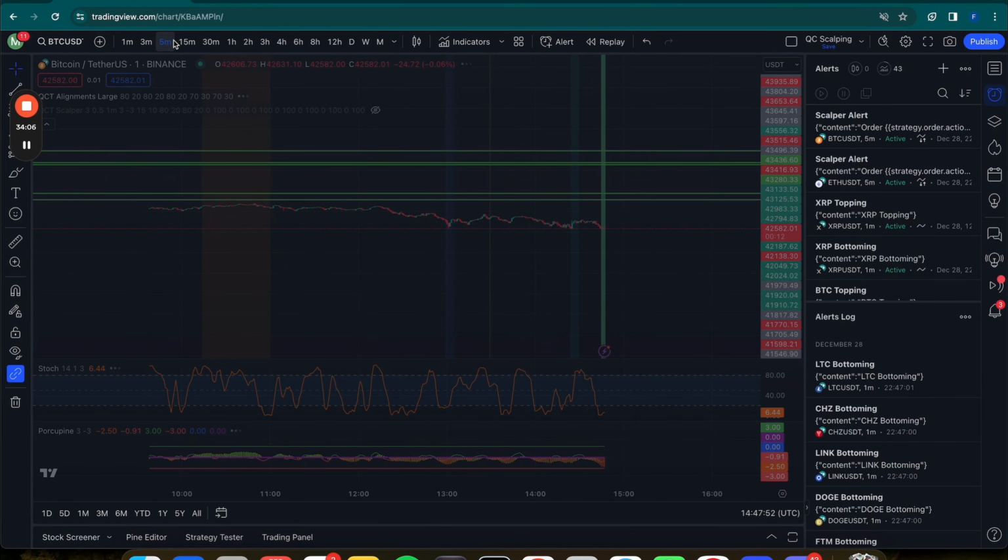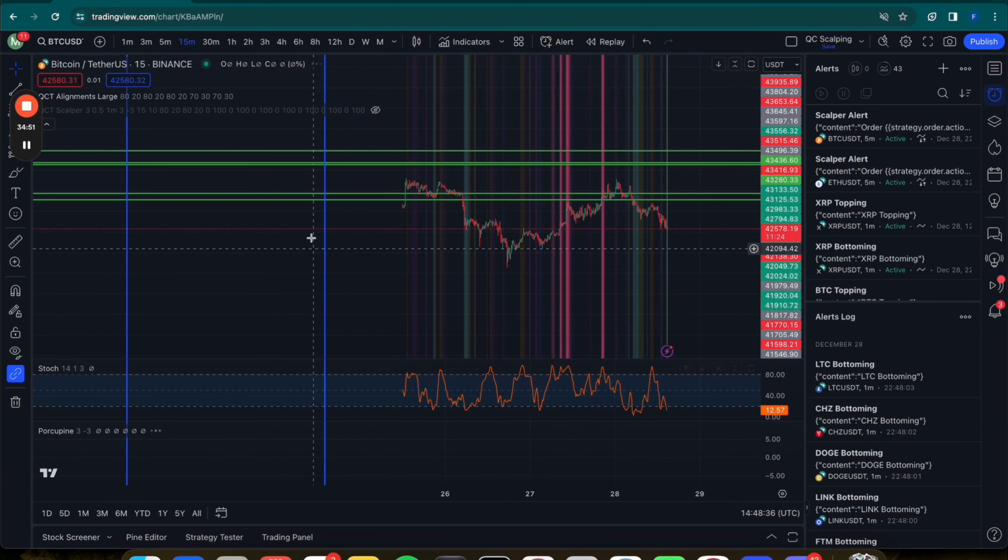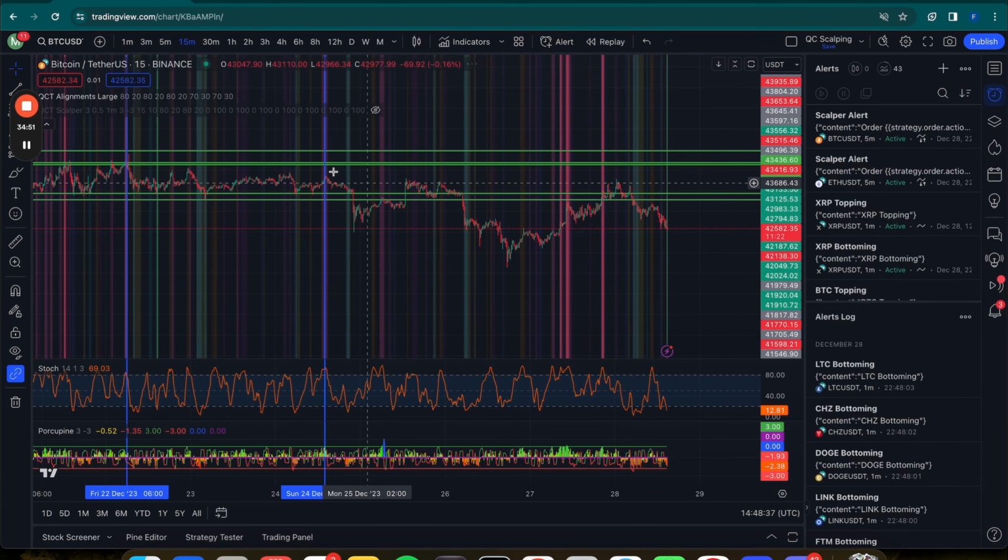And anyone that has these indicators, I would highly encourage you to backtest this and look at the overlays, look at Porcupine, what they did on Bitcoin, and then open a bunch of other tabs with other coins and see how the alignments, how the overlays, what Porcupine said during that time as well, and see if multiple coins agree, if that move actually happens and how well it happens, right?